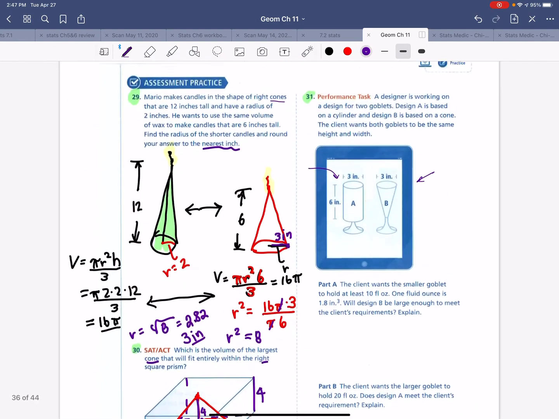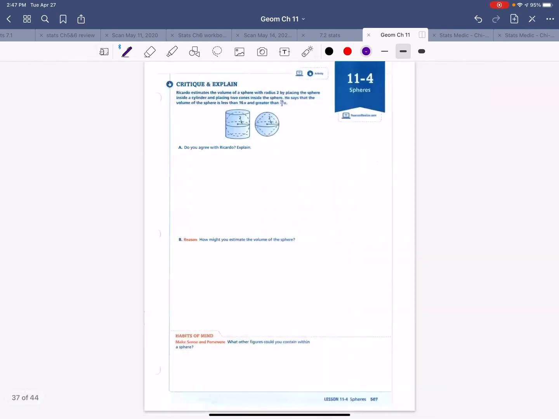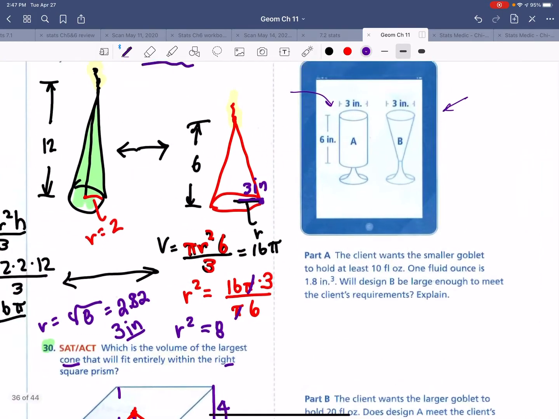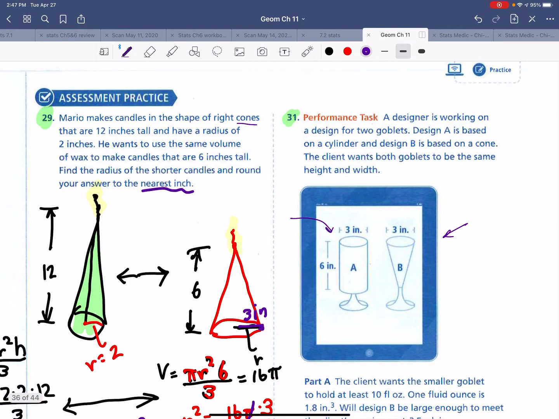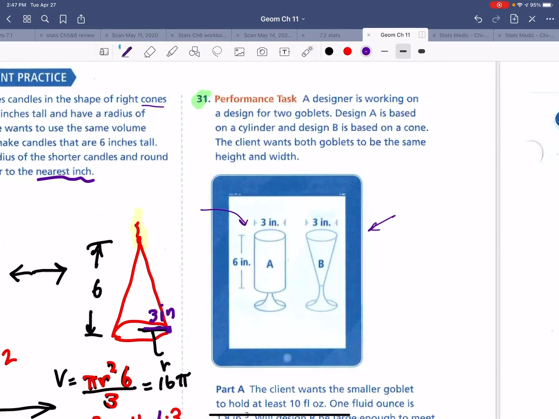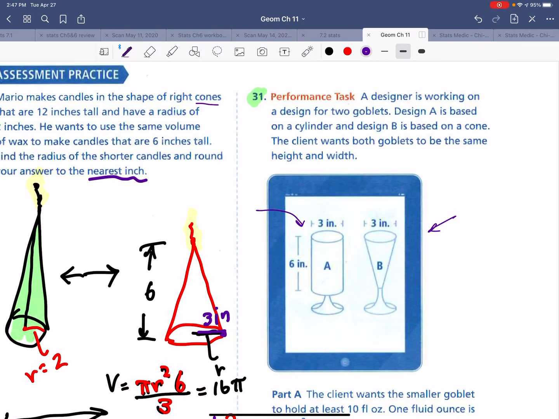Well done. Okay, one more, number 31. It says a designer is working on a design for 2 goblets. Design A is based on a cylinder and B is based on a cone. They want them to be the same height and width.